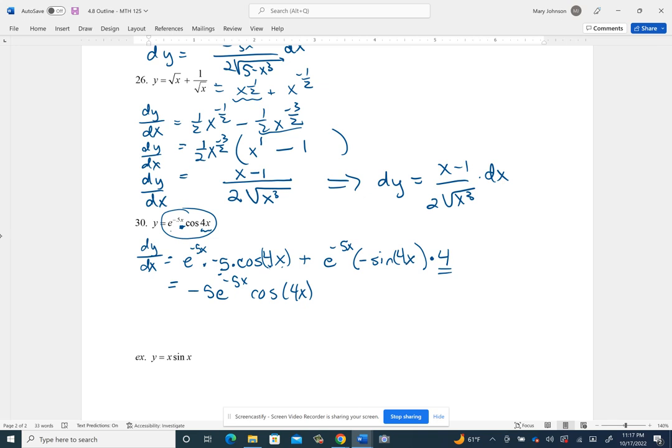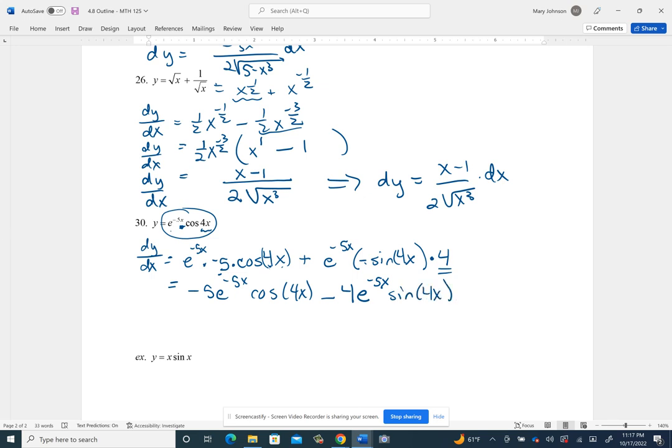So it is not tied to the sine. So I am going to put it in front. That would be 4e to the negative 5x, and let me change this to a minus because of this minus right here. So I really have minus 4e to the negative 5x sine of 4x.